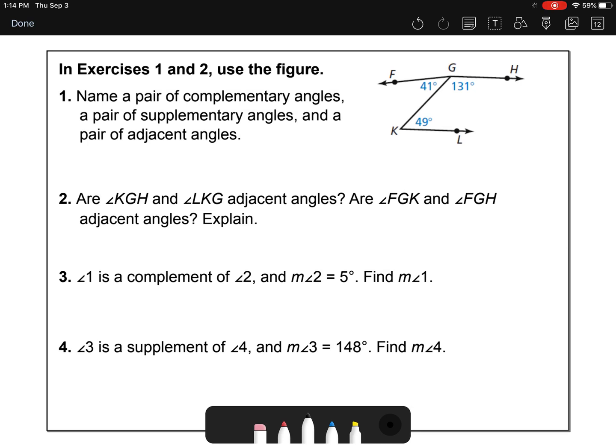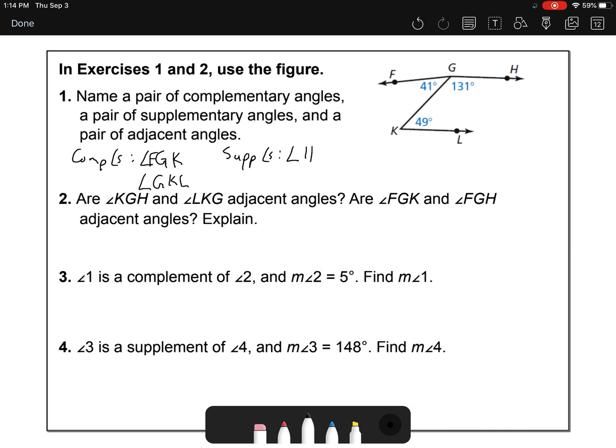Okay, using that figure, name a pair of complements, supplements, and adjacent. Well, let's see. A pair of complements, remember that's 90. Complementary angles would be 41 plus 49, right? Angle FGK and angle GKL. That would be the complements.